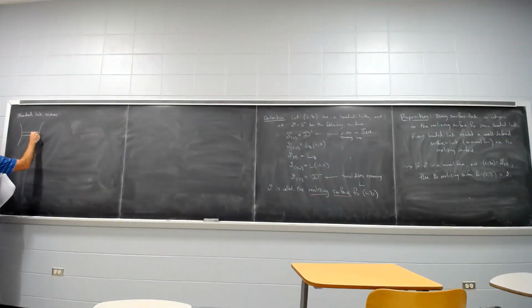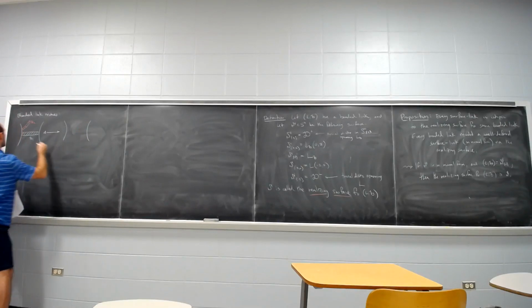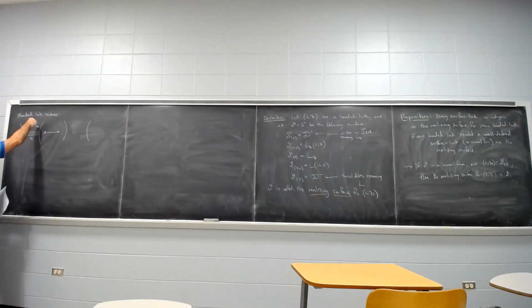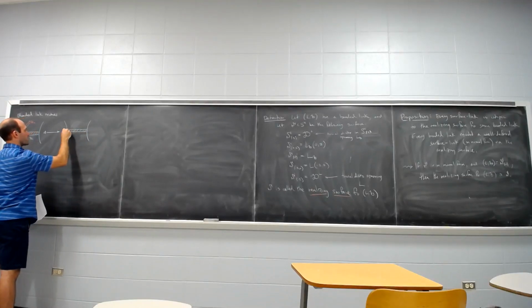So this move is supported in a 3-ball neighborhood of a band, B1. And what we see in that 3-ball neighborhood is the foot of another band, B2. What we're allowed to do is move the foot of this band over B1 to the other side of the B1 bridge.